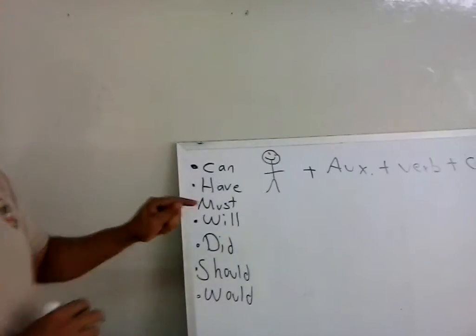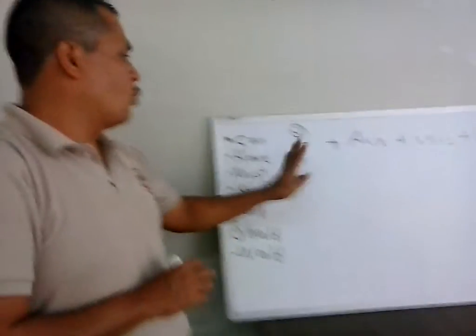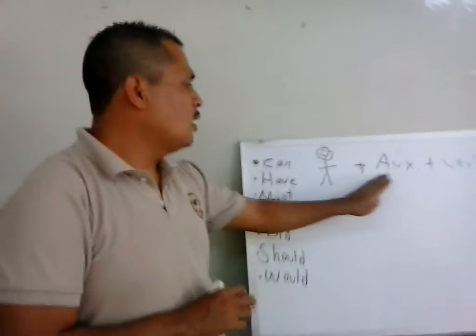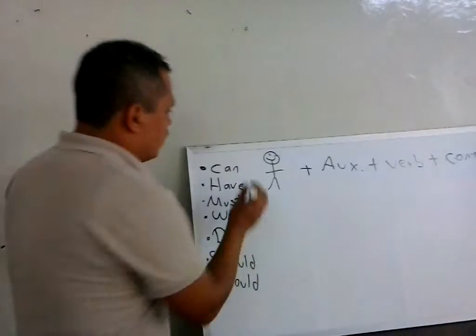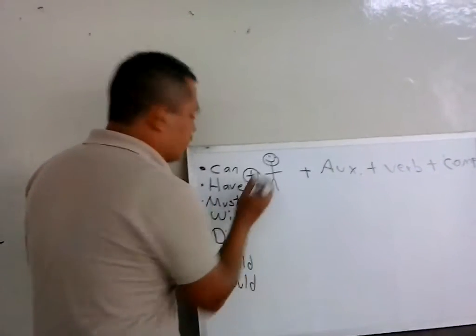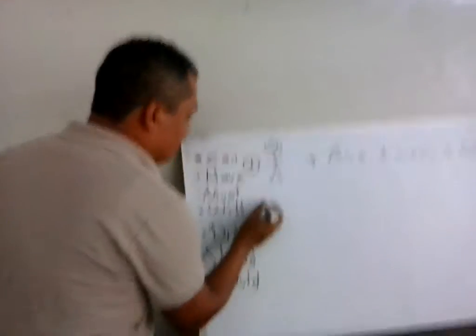That's my form for making sentences with auxiliary verbs: subject, auxiliary verb, verb, complement. This is for affirmative statements.